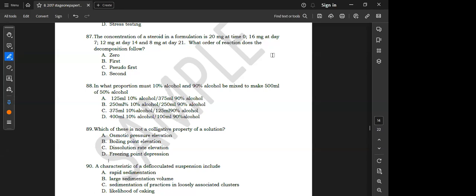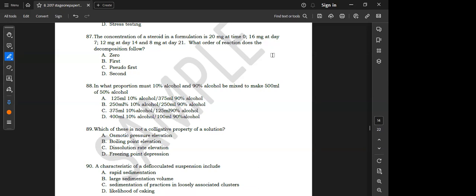Is it 0? There is a constant amount being released.